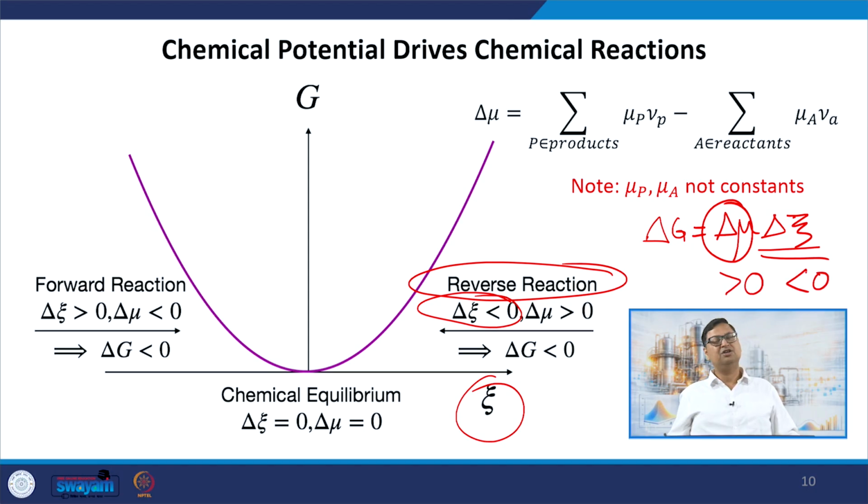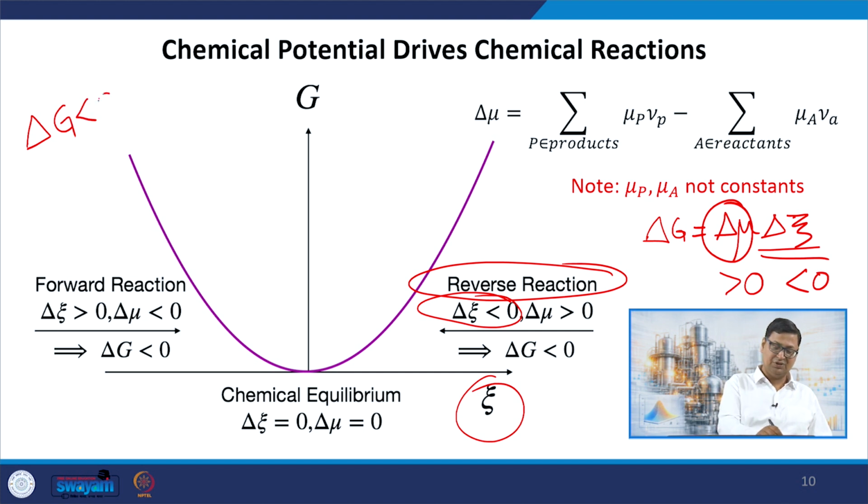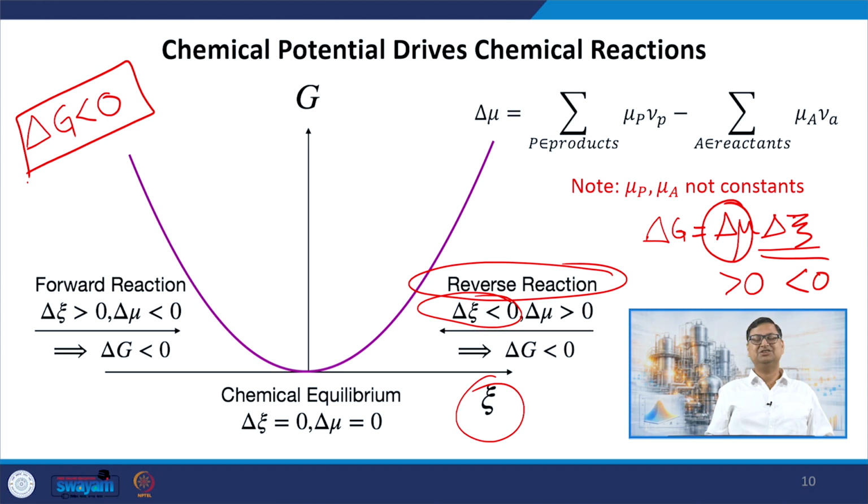Why is that? Just like I told you, for an isolated system we must go for maximizing the entropy. For a system where we are dealing with the Gibbs free energy, with temperature and pressure being the independent variables, we should try to minimize the Gibbs free energy, which corresponds to delta G less than 0 being a favored process.